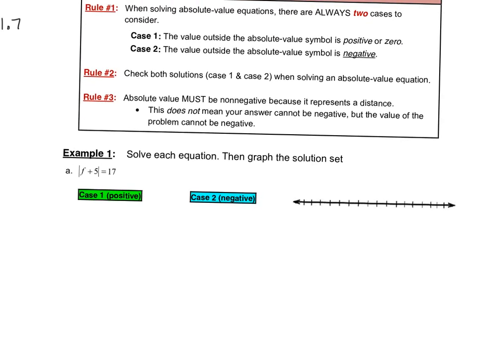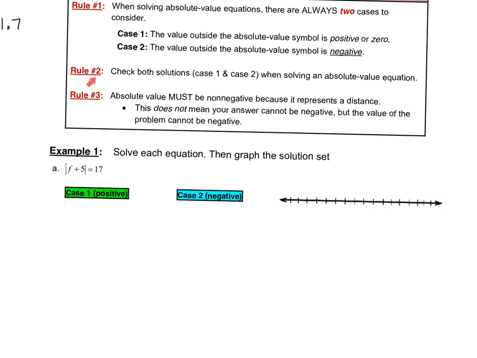The important rule number 2 that we're talking about here is that once you get an answer, you must check it, because it is possible that one of those 2 answers is not a true solution. And we'll talk a little bit more about that in a second. And the third rule is you have to remember that when you take the absolute value of any number, whatever it is, that's always going to give you a positive.